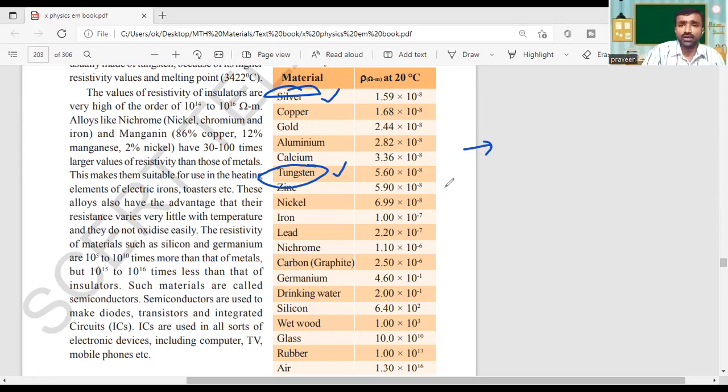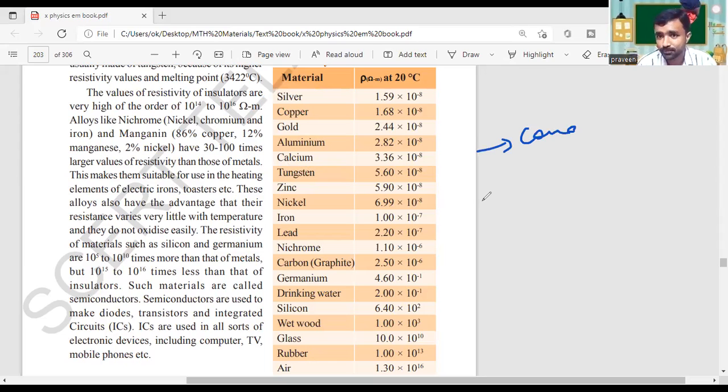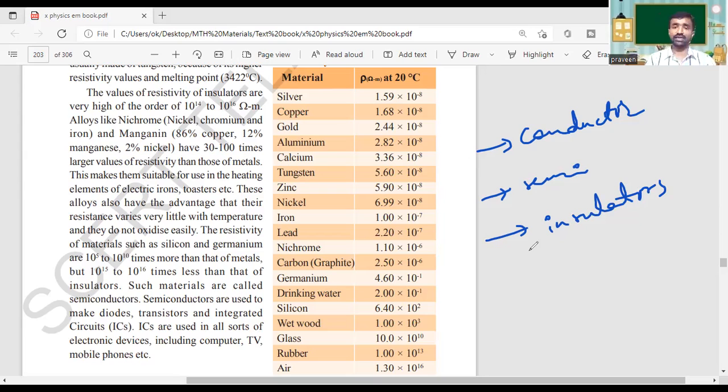Okay, so this helps you to understand the material nature towards electricity, right? So by knowing these resistivity values, you are using these materials as conductors, semiconductors, and insulators. Examples are given here. Germanium and silicon are used as semiconductors.